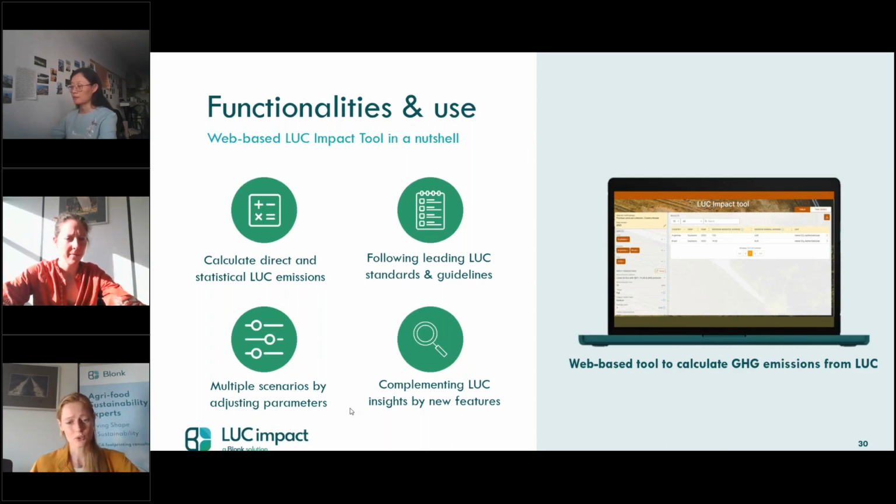So that also relates to the fourth point, also by comparing these different methodologies like equal amortization and linear amortization, but also comparing different methods like statistical land use change and carbon opportunity cost, we hope to provide a broader image of land use change emissions, and in that way also provide more understanding to the user.